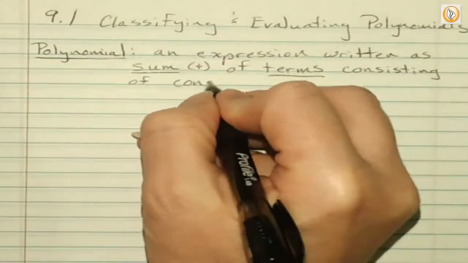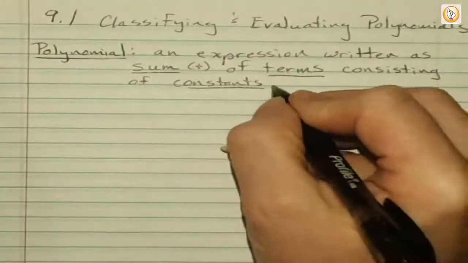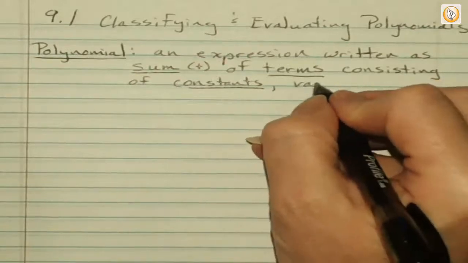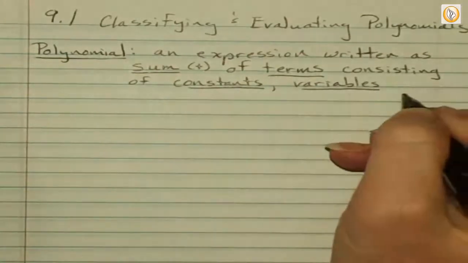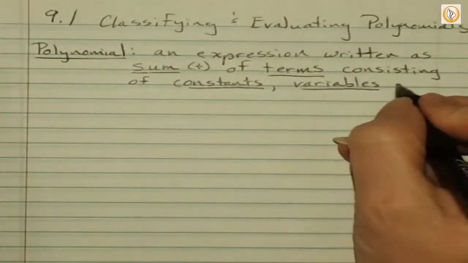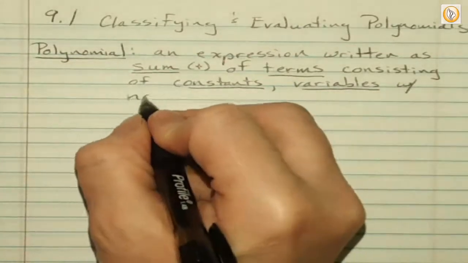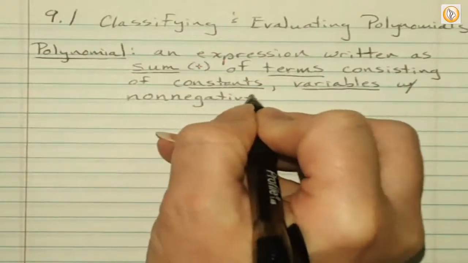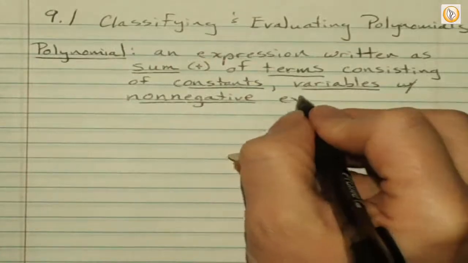What are constants? Numbers. Variables. What are variables? Letters. With, here's what's important, non-negative exponents.